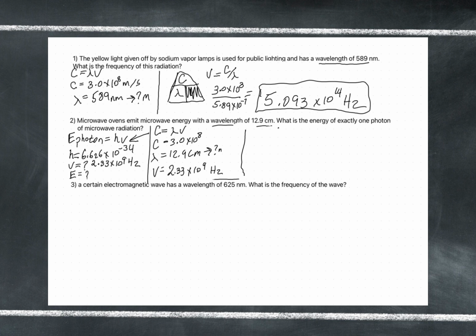All I do is multiply h times v, and that's going to give me 6.626 times 10 to the negative 34th times 2.33 times 10 to the 9th, and that gives me a total energy of 2.844 times 10 to the negative 43rd joule seconds.